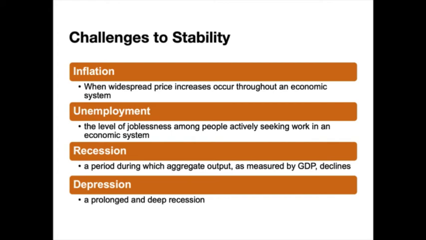What happens when there is, second bullet point, growing levels of unemployment, when the level of joblessness among people actively seeking work in an economic system increases quickly or drastically or suddenly? What happens when the unemployment rate goes from 2% to 18% within the span of a couple of months? Those are difficult times.